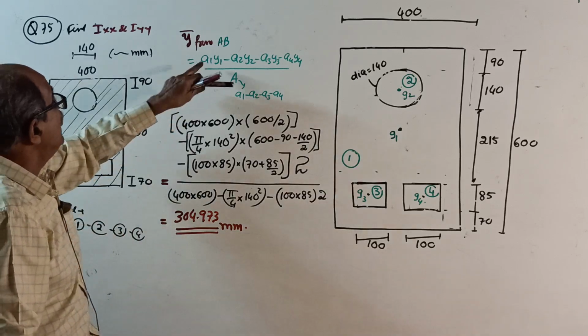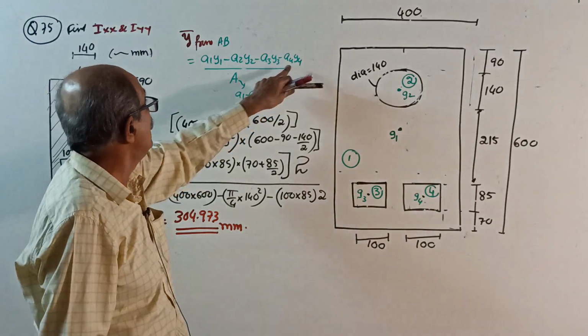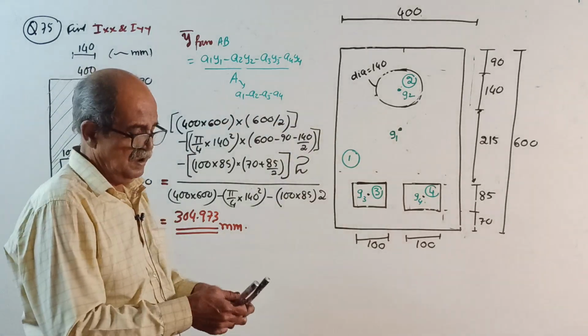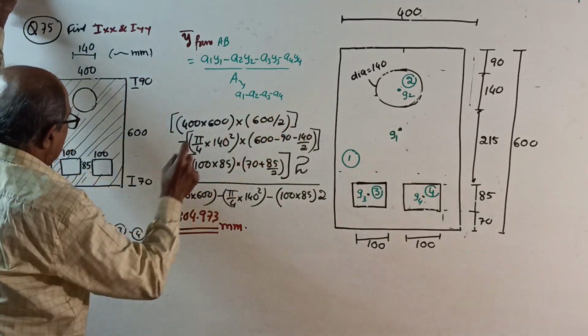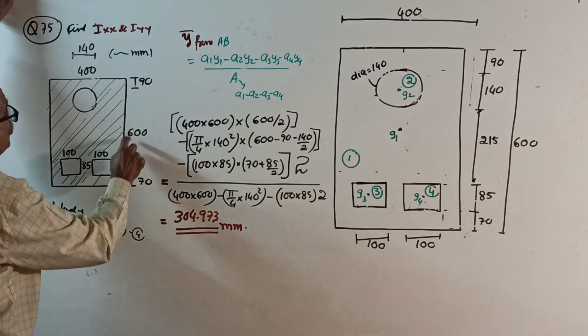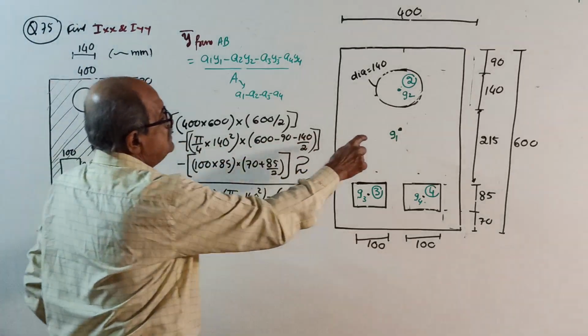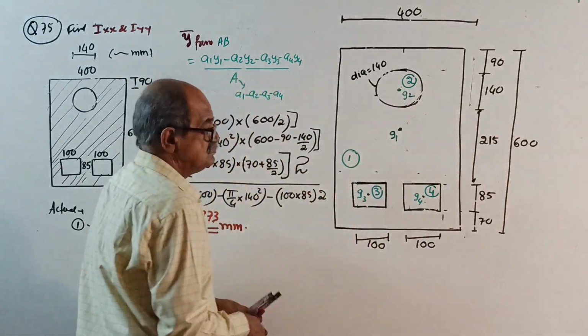Therefore, A1Y1 minus A2Y2 minus A3Y3 minus A4Y4 by total area, A1 minus A2 minus A3 minus A4. Before that, see, 90, 140, I wrote here, 70, 85. So the gap in between will be 215. Then G1 exactly at the center, G2, G3, G4.